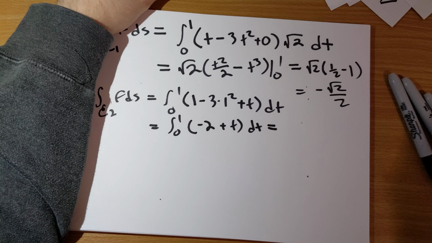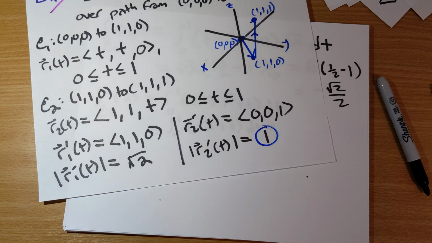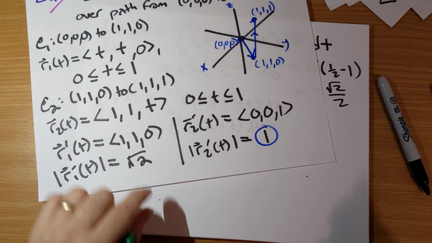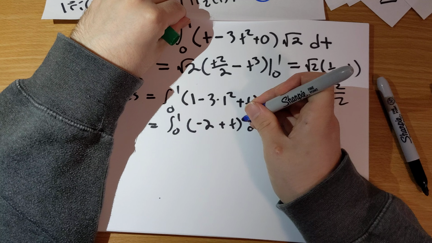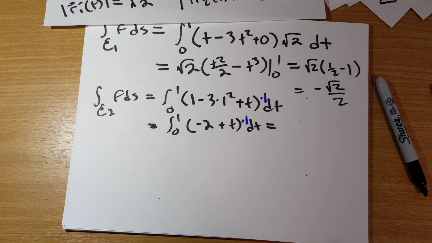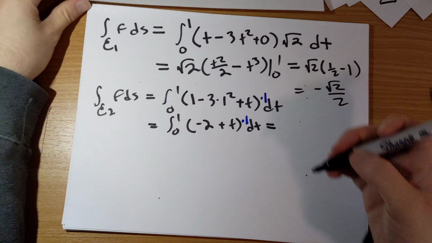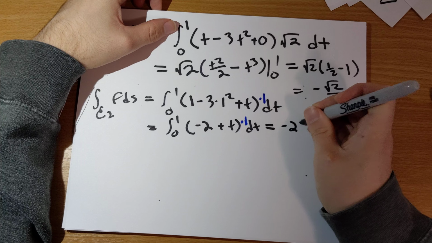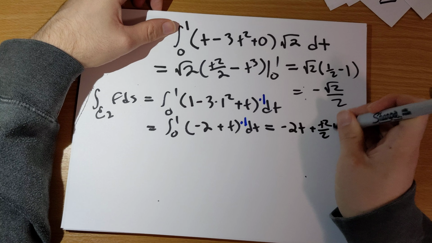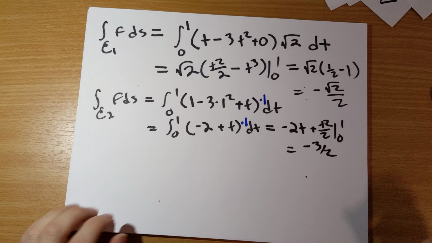I really should be emphasizing here that multiplying by 1 doesn't change anything, but there should be the emphasis on that magnitude of the derivative being inserted in here. Integrating this would give us negative 2t plus t squared over 2, plug in from 0 to 1, and this is negative 3/2.